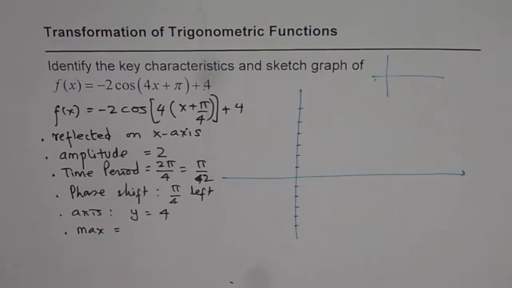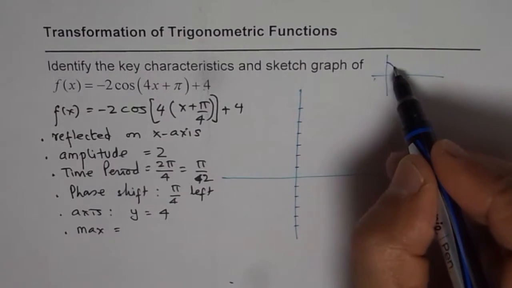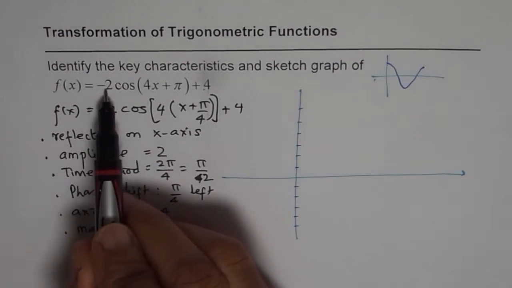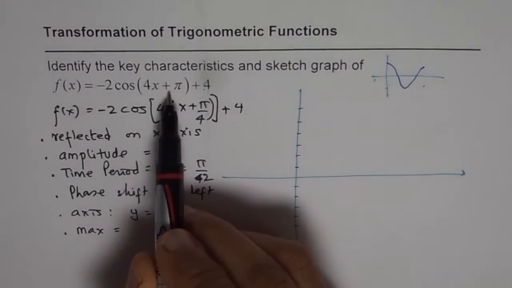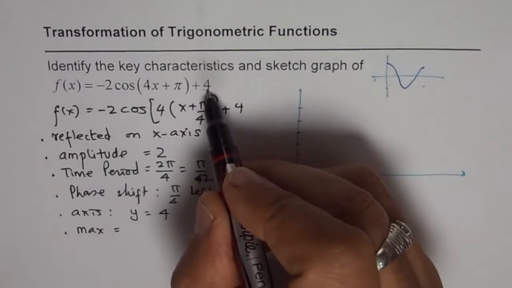Rough sketch kind of helps us. Rough sketch is kind of like this. What are we expecting? Cosine wave normally is kind of like this, but what we are expecting is a reflection, that means it comes like that, right? Translation, pi by 4 units left and 4 units up, right?